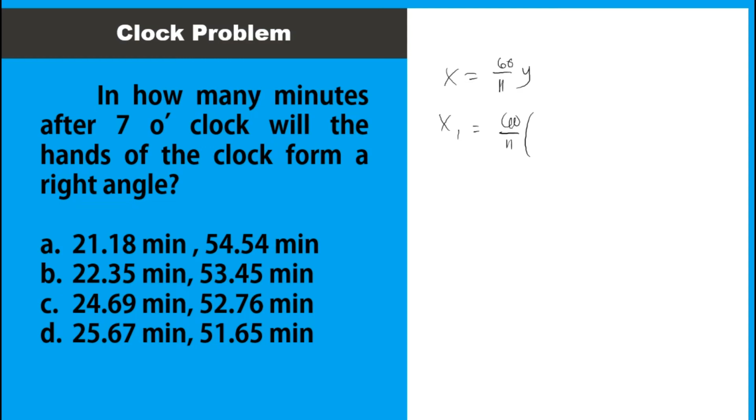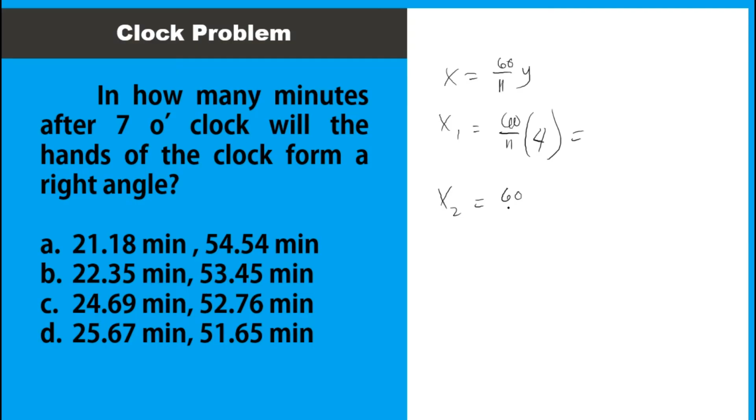So you have 7, 6, 5, 4. So that is times 4. For the second time, we need to count a 3-hour interval forward. So we have 7, 8, 9, 10. So that is times 10.